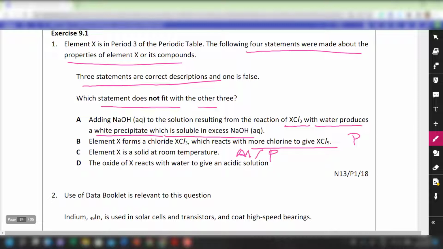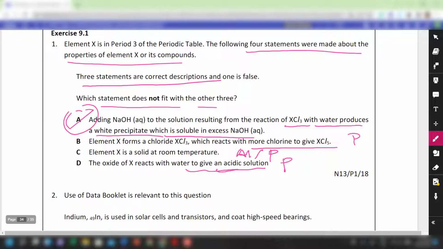Option D: the oxide of X reacts with water to give an acidic solution. This is definitely characteristic of phosphorus, because P2O5 or P4O10 hydrolyzes in water to give us an acidic solution. So therefore, the only statement that is inconsistent will be statement A, because statement A directly pinpoints to the fact that X must be aluminium, but B, C, and D point to the direction that X is likely to be phosphorus.